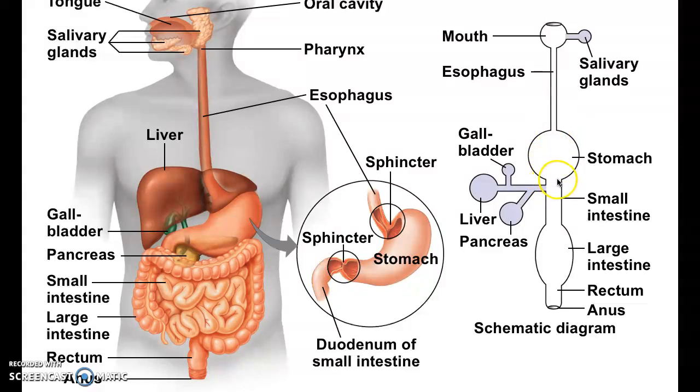Then out here, right before it enters the small intestine, you have one more sphincter, called the pyloric sphincter. So that's what a sphincter looks like. It clenches open and close, and then as it goes through, even here you have two sphincters, two anal sphincters. One sphincter is voluntary and the other one is involuntary.